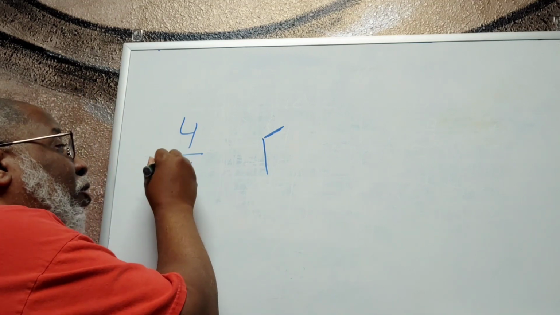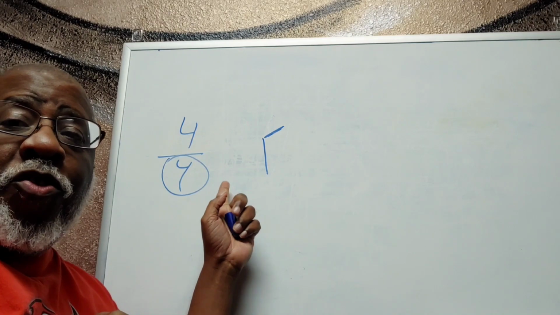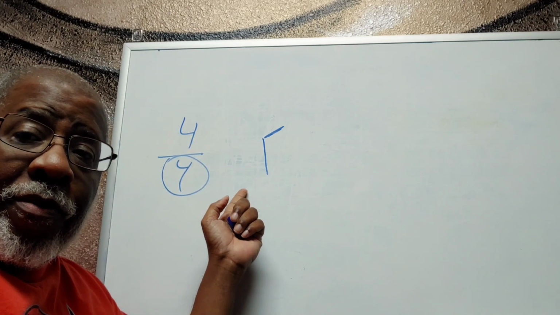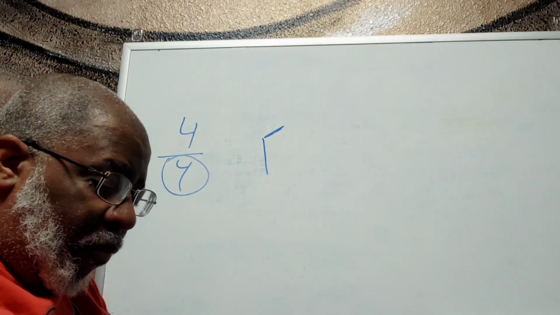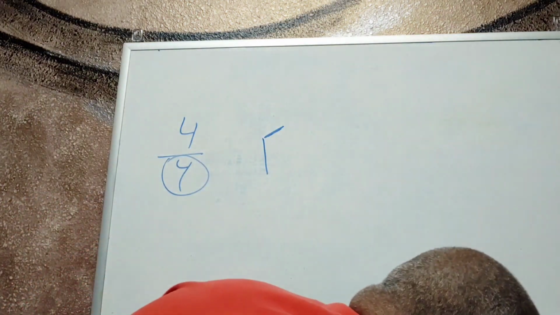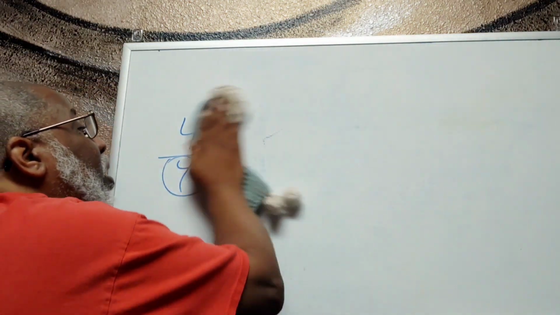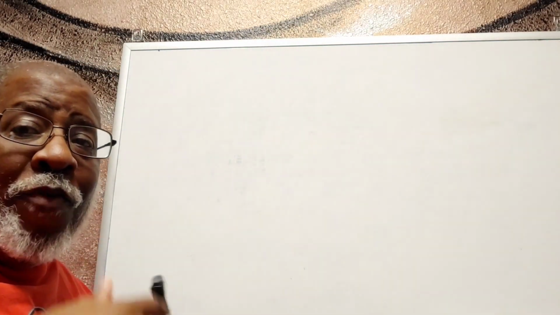Why? Because it says so here. The 4 tells us to play this note for 1 count. Now, the cool thing is, well, how do you know how to play the other notes? There is a double and a half relationship between notes.